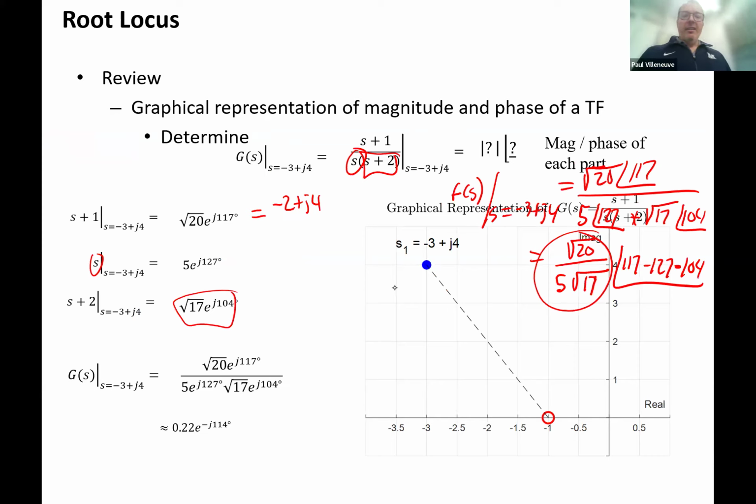I'm going to pick this root right here. This is -1. So this angle over here is 117 degrees, and this magnitude is the square root of 20. That's the magnitude and the angle I need to get from -1, the 0 of the transfer function, all the way to -3 plus J4.